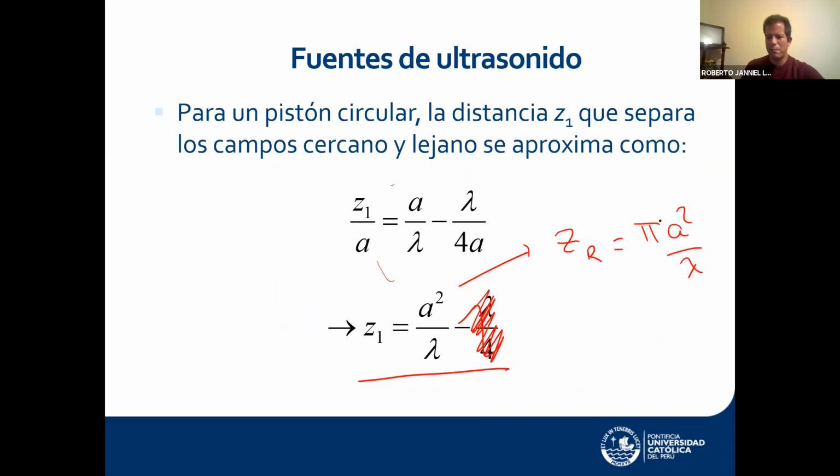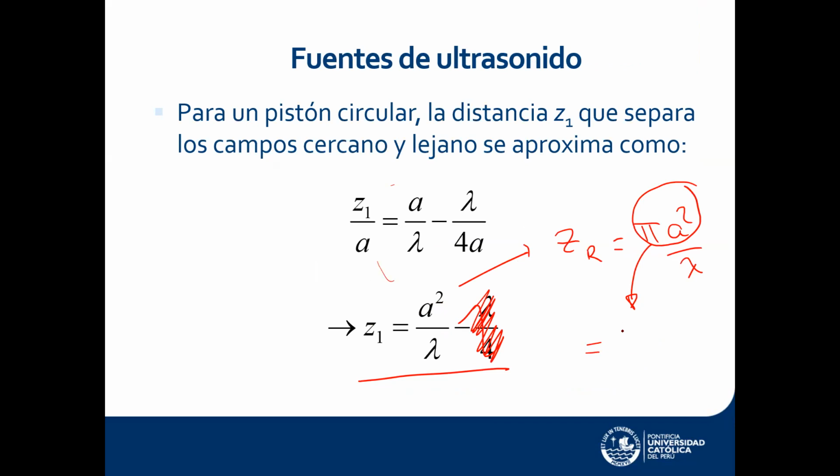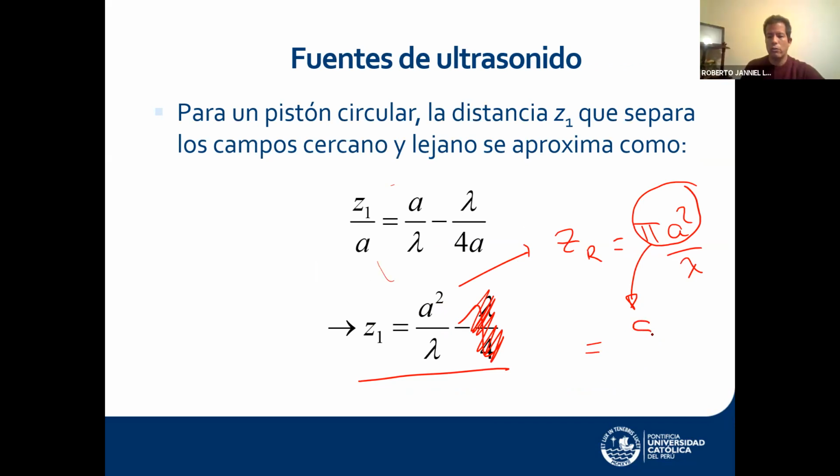And what is pi times a squared when you have a circle of radius a? The area. Correct. So the Rayleigh principle tells you that if you calculate the surface area of a radiator and you divide it by the wavelength, you have an idea of where your far field should be.